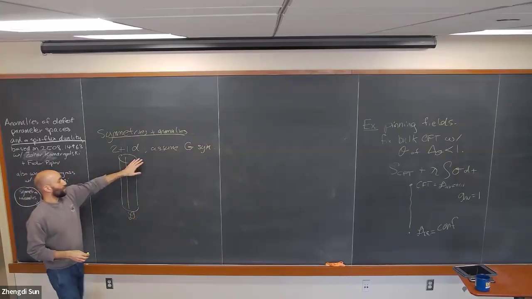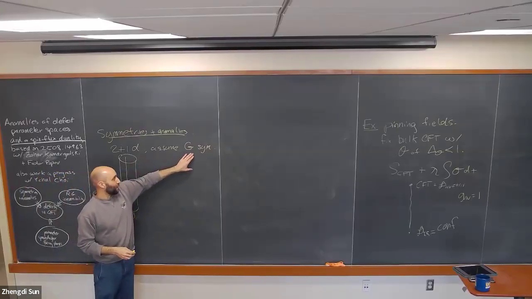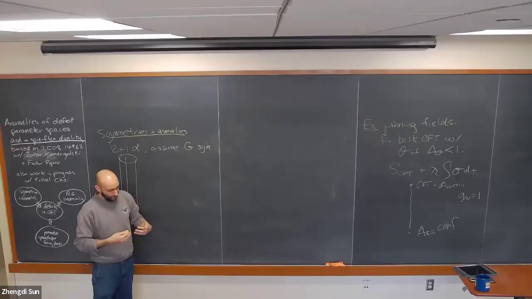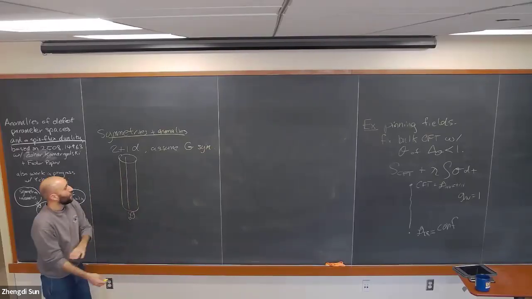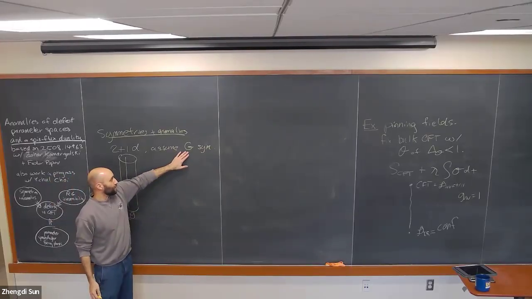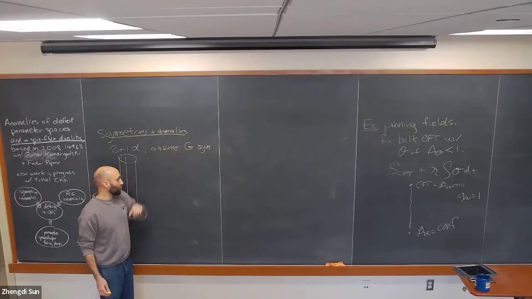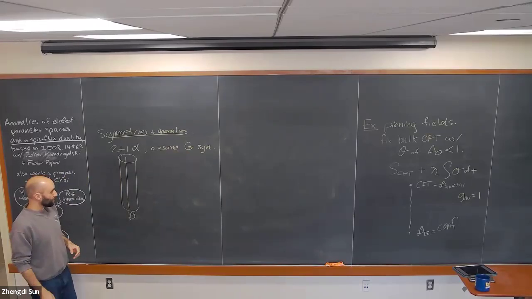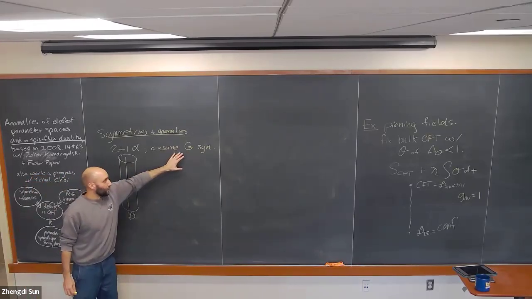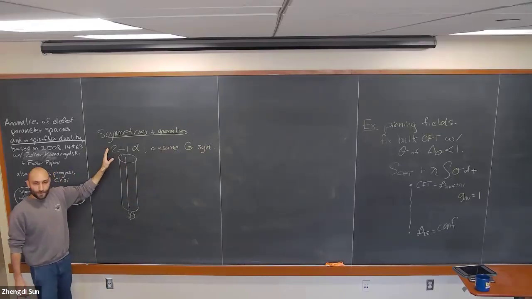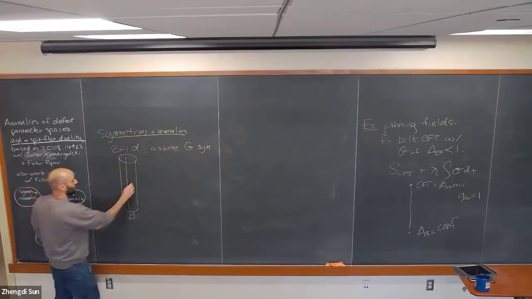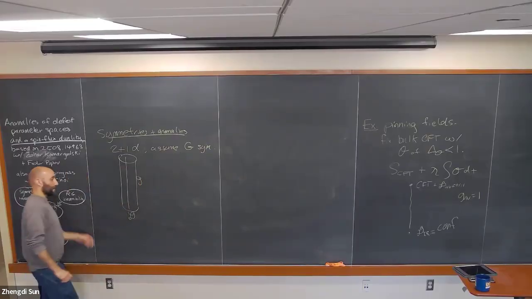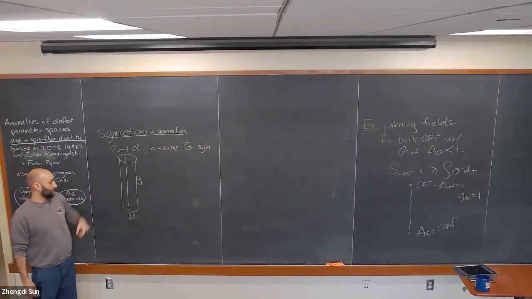And part of this renaissance that I was telling you about earlier, whereby we understand symmetries as corresponding to topological operators, is that whenever you have a zero form symmetry, that means that you have some codimension one topological defect that implements the symmetry. So that in particular means that for each element of the group, I have some surface operator, since we're in 2+1 dimensions.